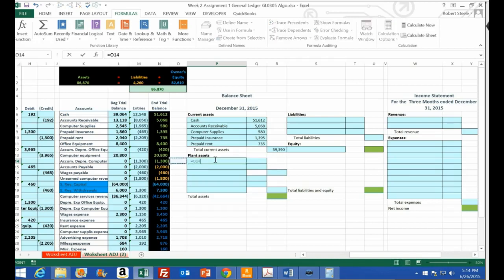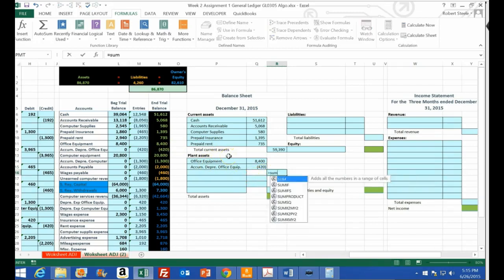We're going to take the equipment, and that balance being the 8.4. Then we're going to take from that the accumulated depreciation. So I'm going to leave this as a negative number. Remember, it's not a credit in this format. It's a credit over here. To us, it's a subtraction problem.